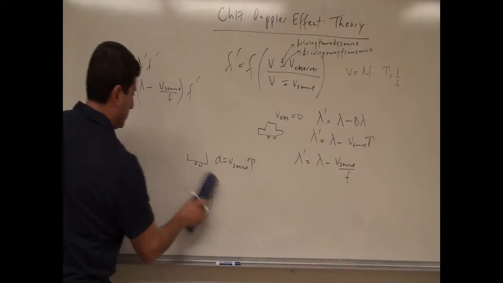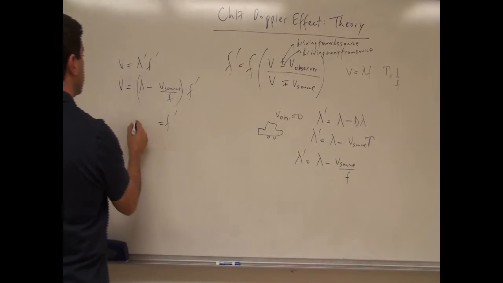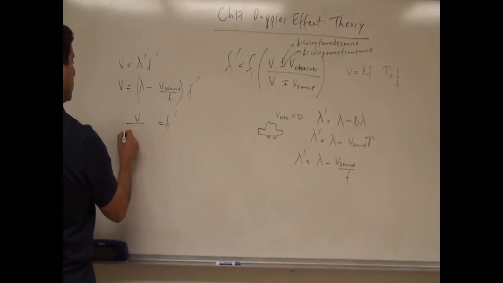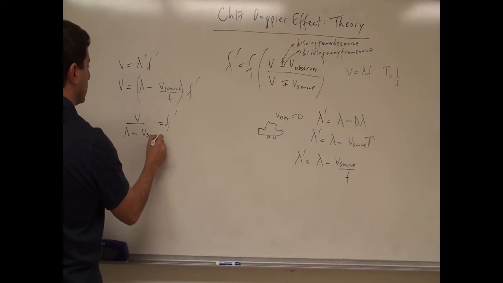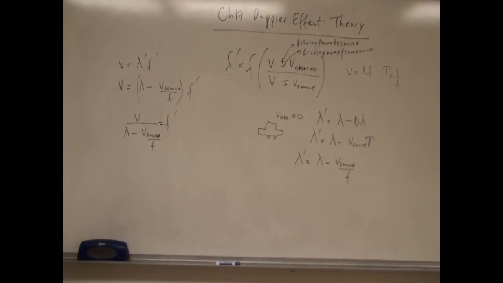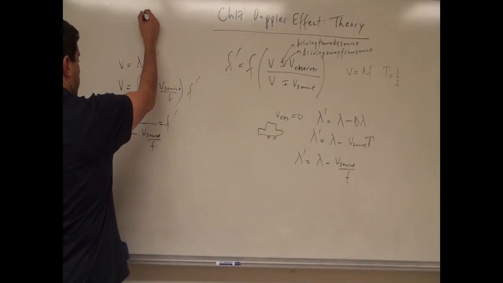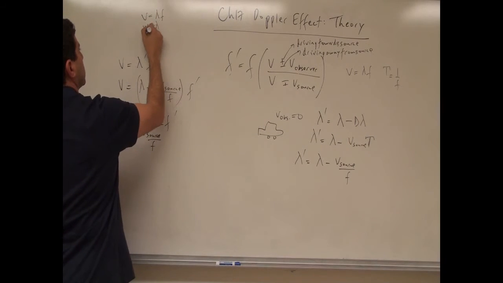And then we can take this f prime, and we can say V over lambda minus V source, over f. The next thing we can do is use the fact that velocity is equal to lambda f, therefore lambda is equal to velocity over f.